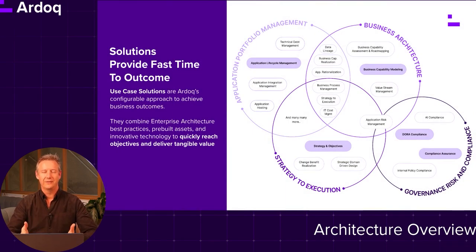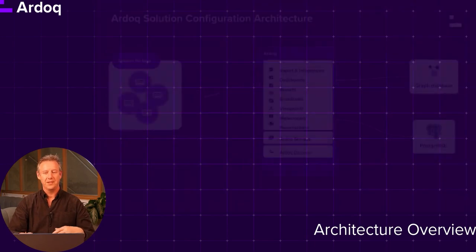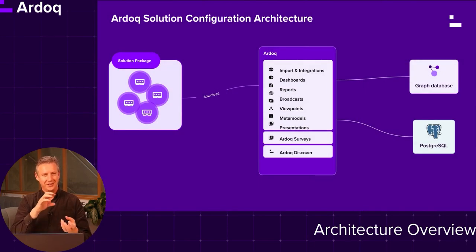Those downloadable configurations we've split into these four major areas for architecture. But if we look at those, a solution module consists of both a metamodel configuration, which downloads onto the graph and explains what each of the nodes and edges in the graph represent, the attributes that they have, as well as configurations for dashboards and reports, and different viewpoints, and even configurations of integrations that we can provide out of the box.